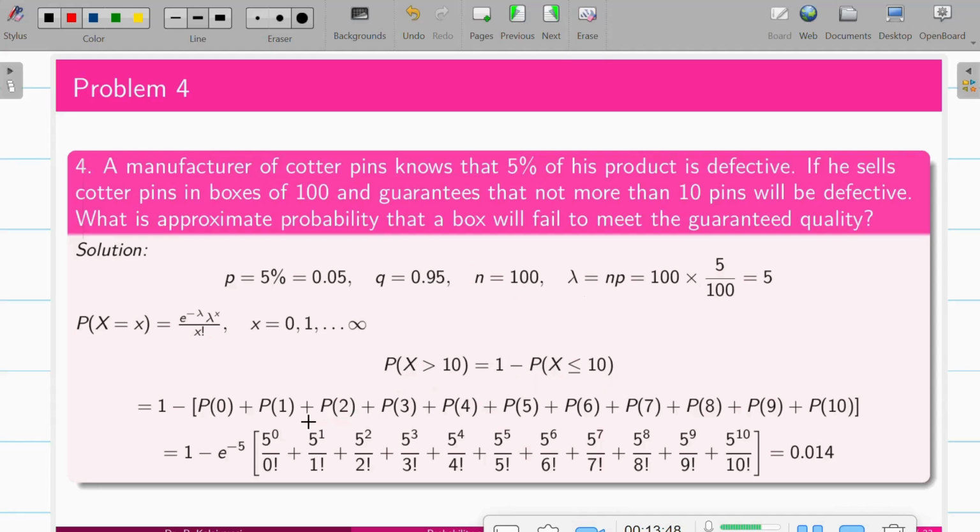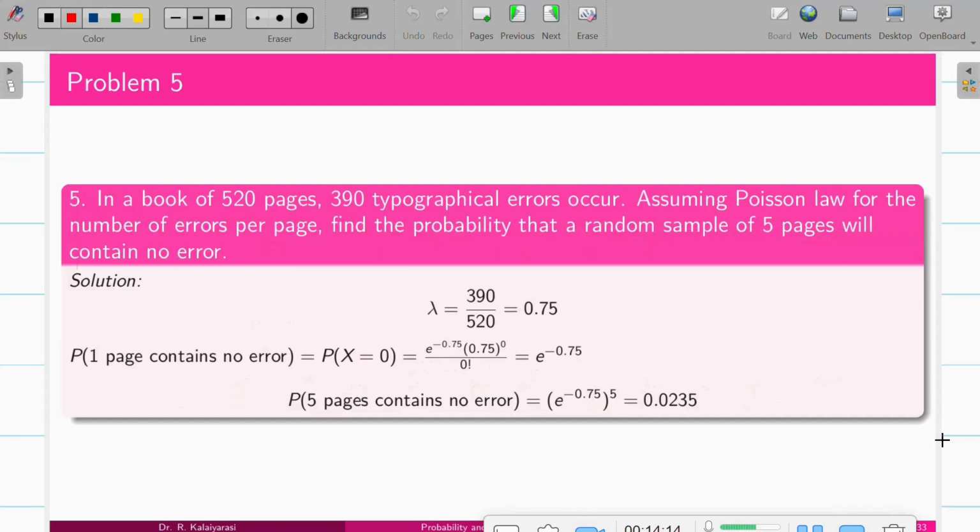So it includes from 0, 1, 2, 3, 4, 5, 6, 7, 8, 9, 10. So we substitute it and simplify. It is 1 minus e power minus lambda, here lambda is 5, right? So on substituting, finally you'll get the answer. Come to the next problem.